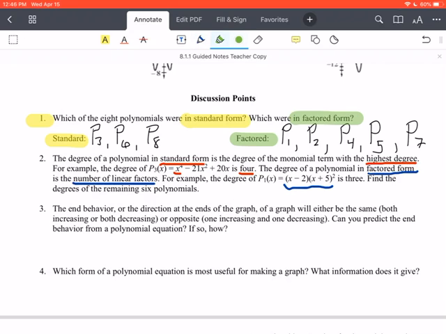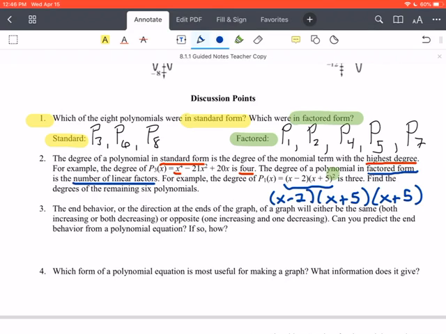But what do we have to be very careful with? This squared. So what does that really make this polynomial? x minus 2 times x plus 5 times x plus 5. So how many linear factors are there? There are 3, so that would be a third degree.